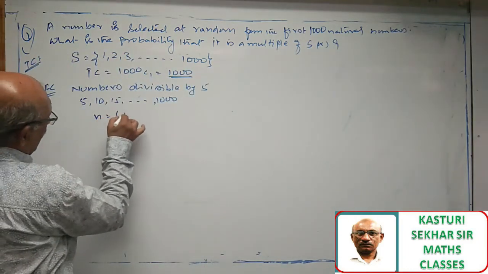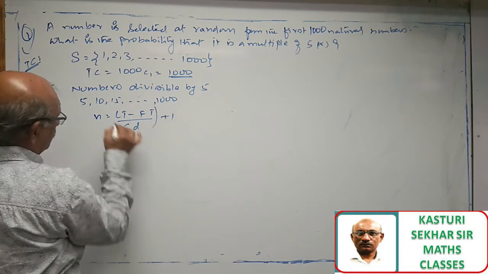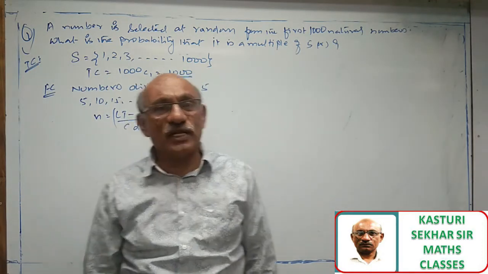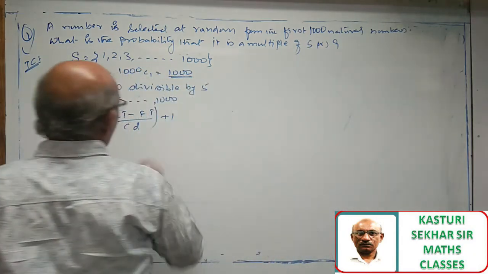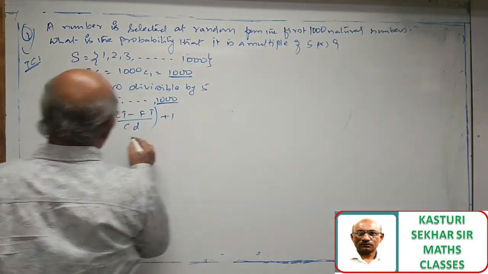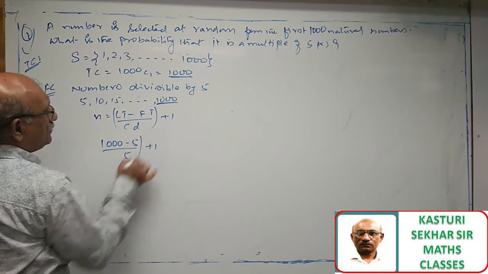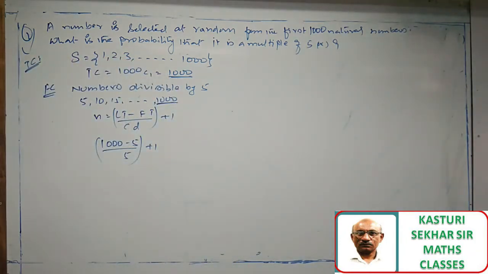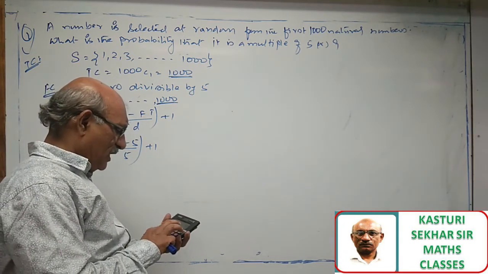Number of terms is equal to last term minus first term divided by common difference, plus 1. Last term is 1000, minus 5, by 5, plus 1. So this is 995 divided by 5.